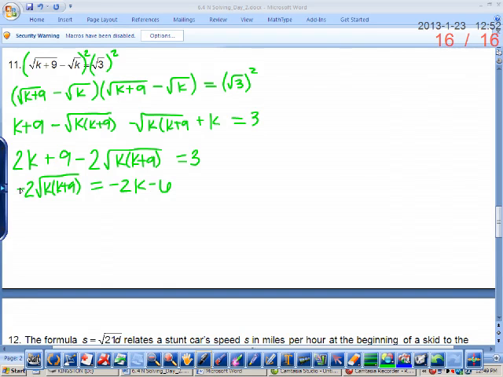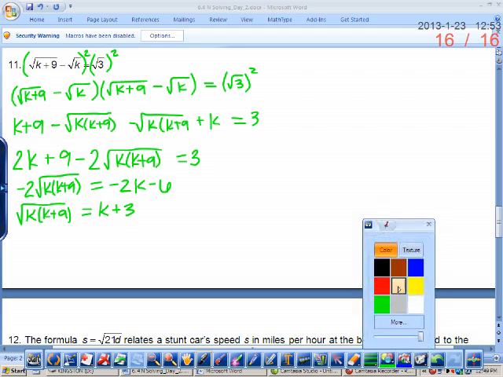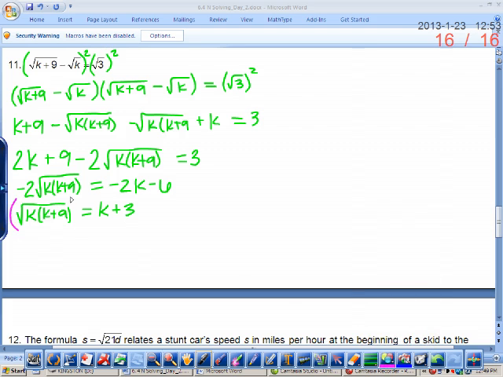Now in this case, would it make sense to go and divide by negative 2? Yeah, because it divides evenly into everything, right? So I have the square root of k times k plus 9 equals k plus 3. All right, what do we do now? Square it. I never said it was quick and easy.